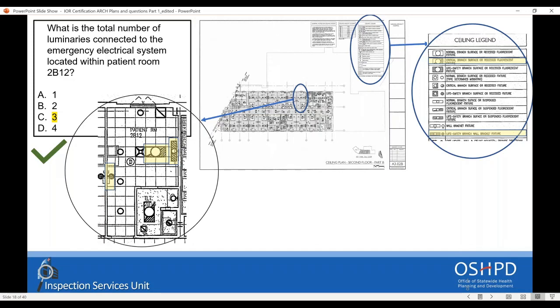Which one? This one? I can't see where you're pointing. There are three highlighted in yellow, one on the right, one in the middle. So the one where the circle is shaded and the outside has no shading: the shaded circle is at the bottom of the legend as life safety.